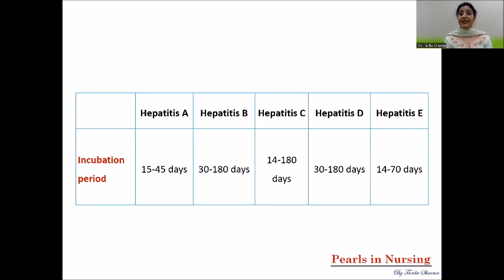When we talk about hepatitis D, it is same as of hepatitis B. The incubation period is same, that is 1 month to 6 months, 30 days to 180 days. For hepatitis E, it is 14 days to 70 days.